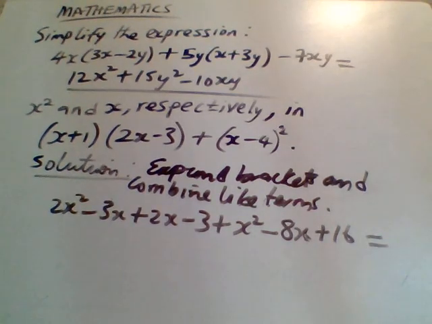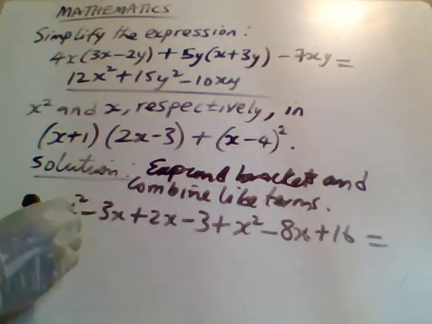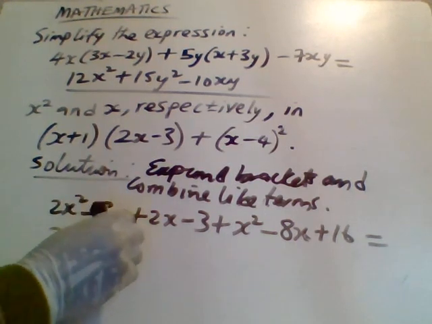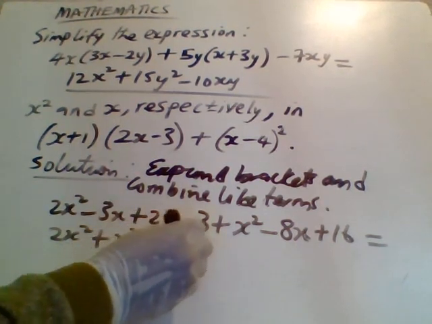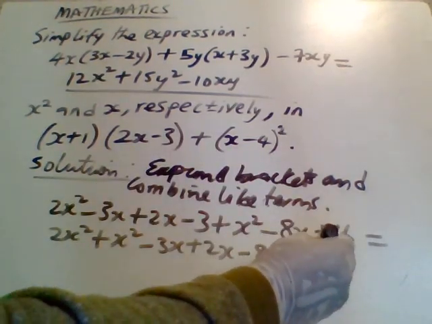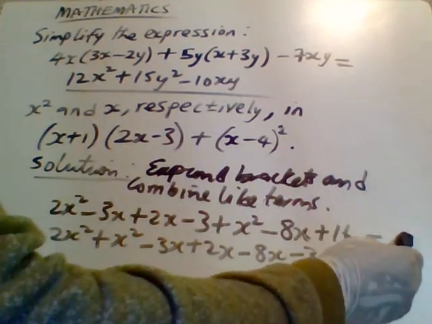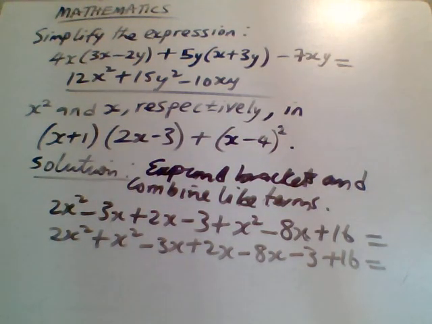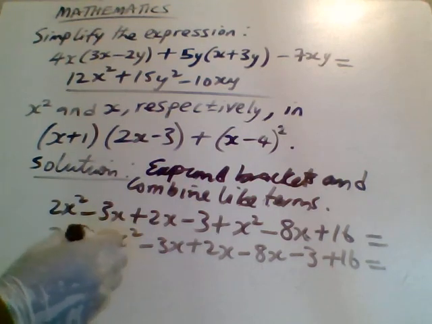So, from here, we'll combine like terms: 2s squared plus s squared, minus 3s plus 2s minus 8s, minus 3 plus 16. So you combine what? Like terms. In this case, 2s squared plus s squared will give us 3s squared.